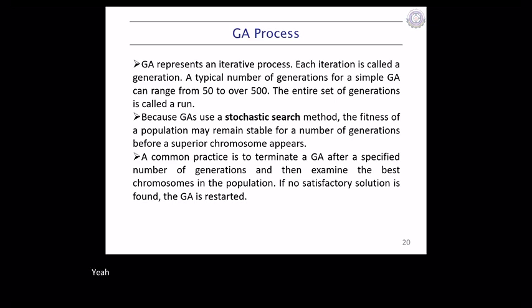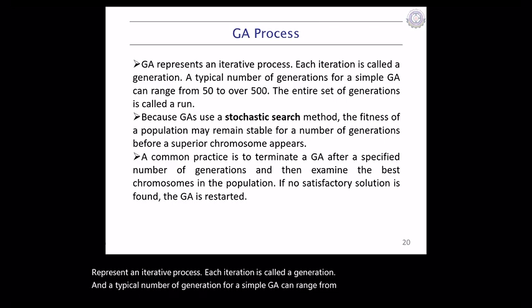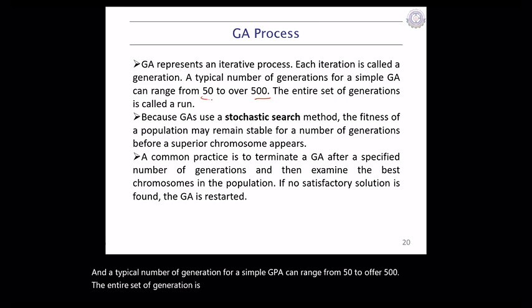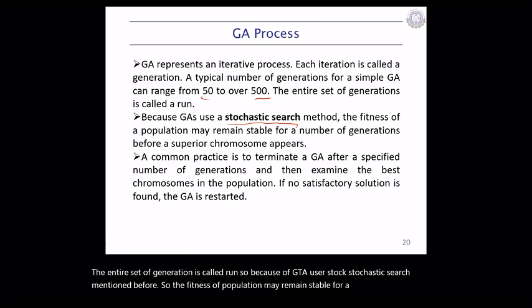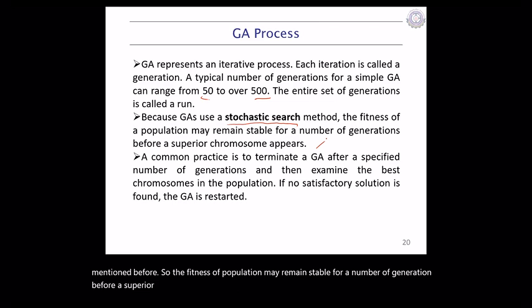GA represents an iterative process. Each iteration is called a generation. A typical number of generations for a simple GA can range from 50 to over 500. The entire set of generations is called a run. Because GA uses a stochastic search, as mentioned before, the fitness of a population may remain stable for a number of generations before a superior chromosome appears.